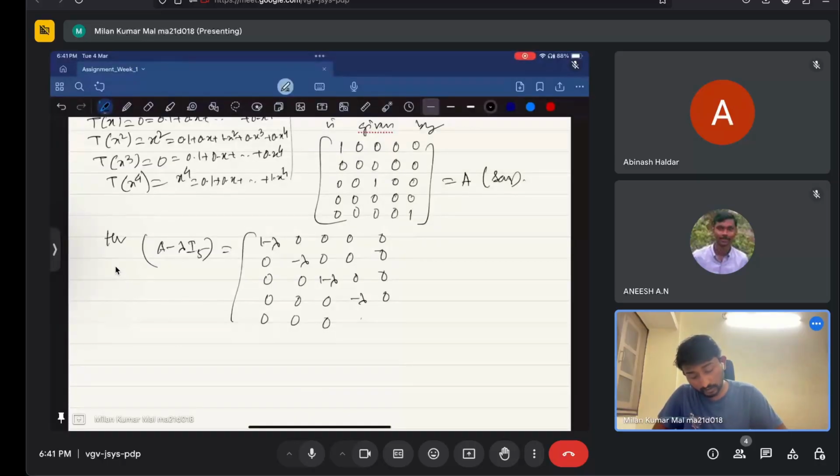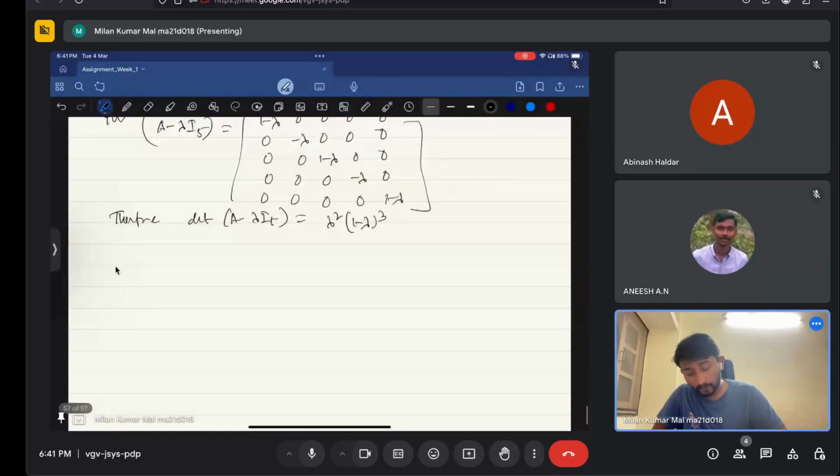Therefore the algebraic multiplicity of the eigenvalue 1 is 3.